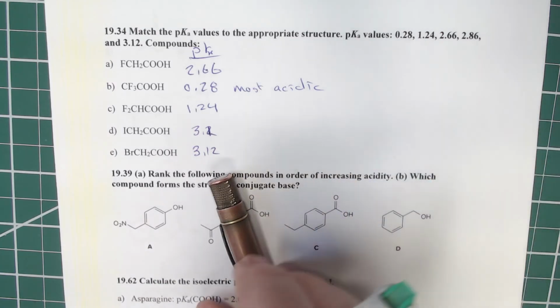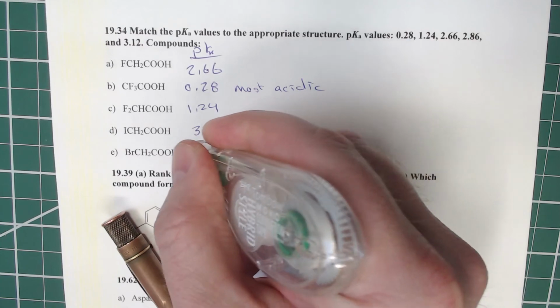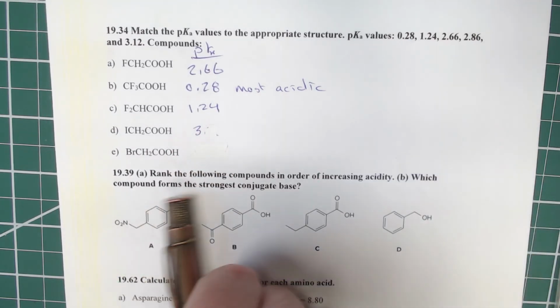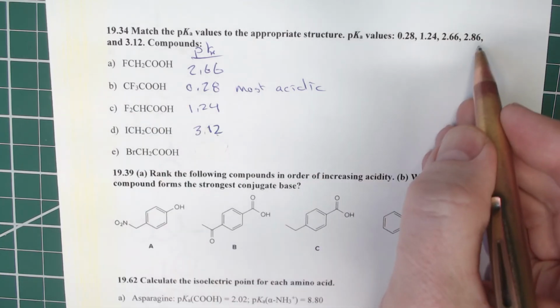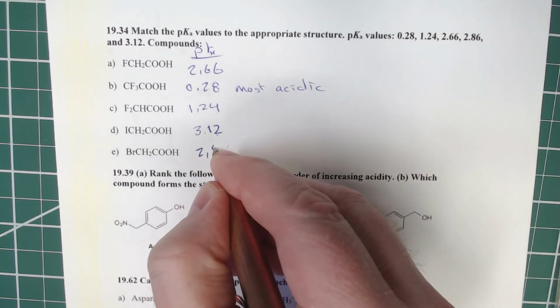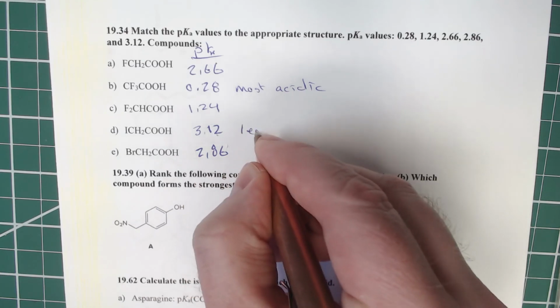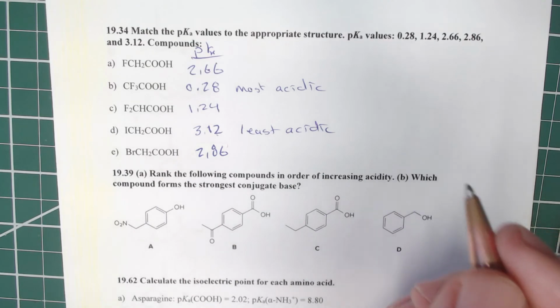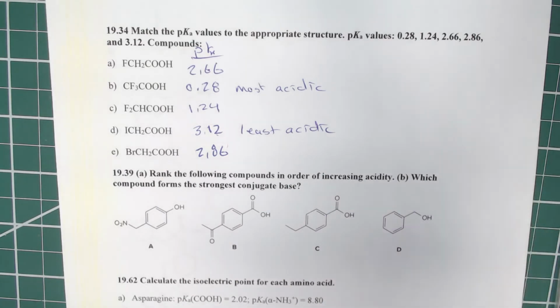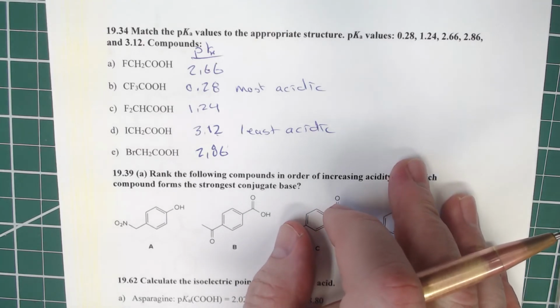I'm making all kinds of errors here. All right, so 3.12 for this one, and that bromo is going to be the 2.86. All right, and so this one will be the least acidic. All right, so that is how we can rank those.